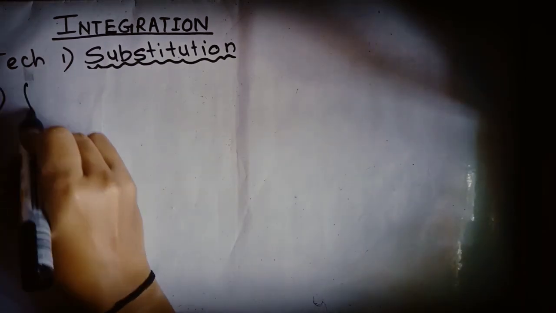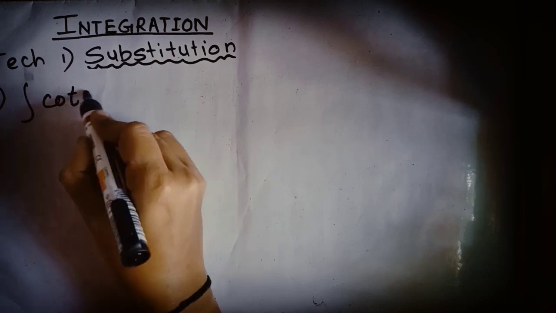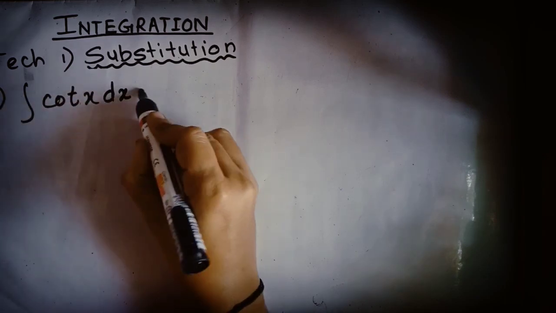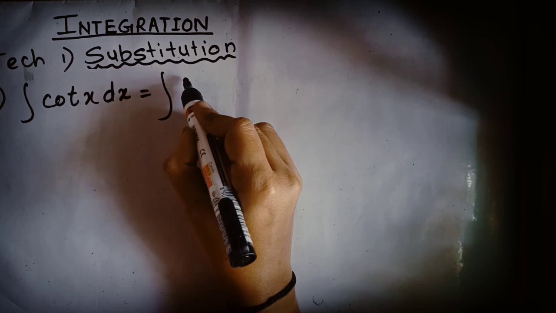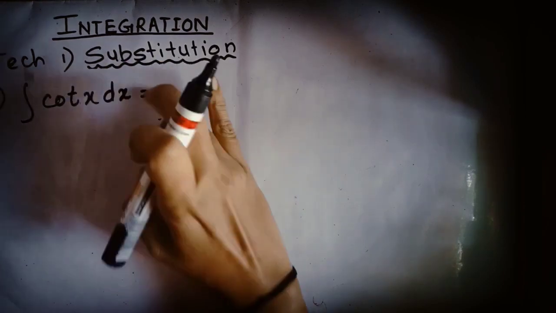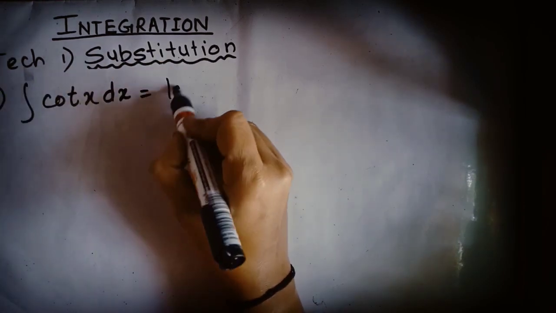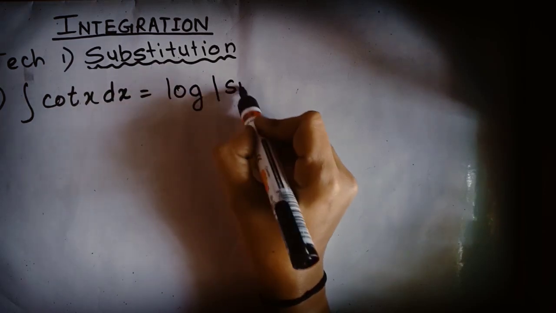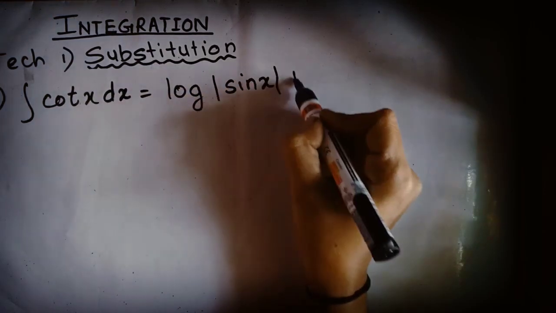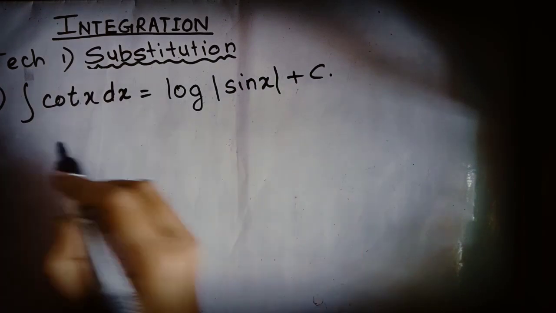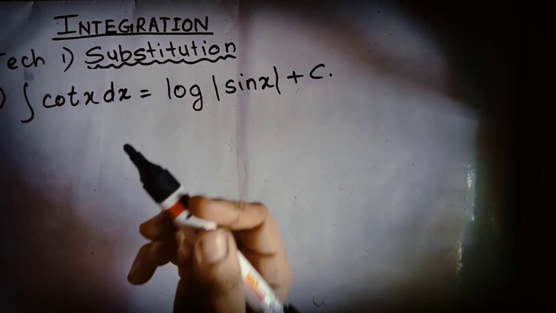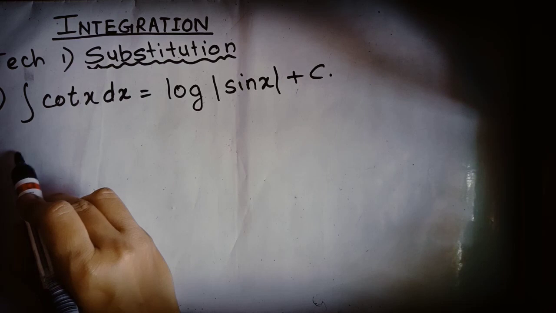Now let's see the second one, that is integral of cot of x dx. This answer will be log of mod of sin x plus c. This I will solve by using f dash of x upon f of x.